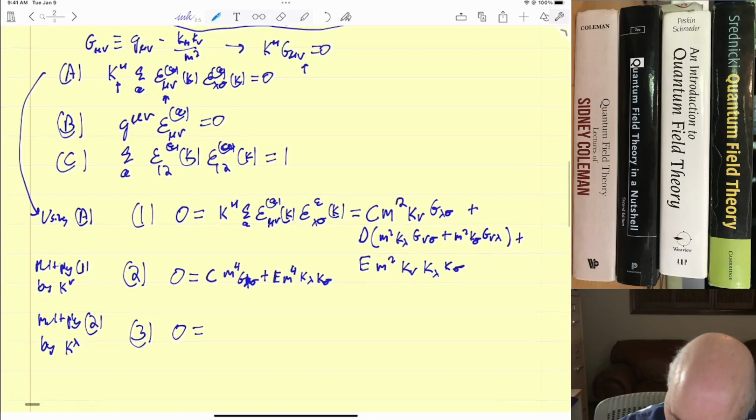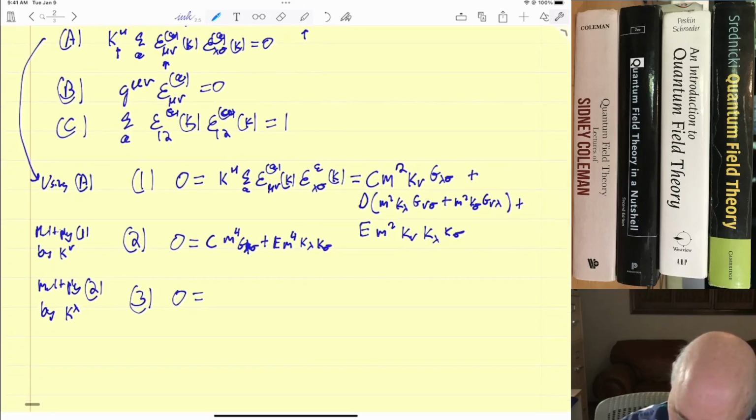Let me just make sure. Multiply k nu, yeah, g lambda sigma. Okay. So when I multiply this by k lambda, this term gets killed. I'm just left with E m to the 6th k sigma.